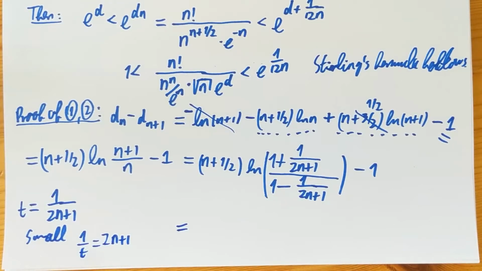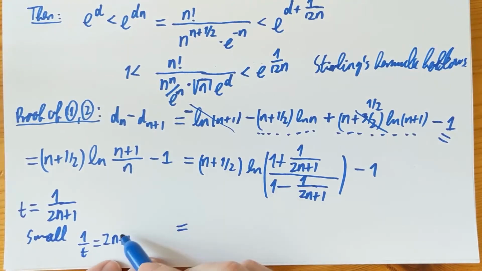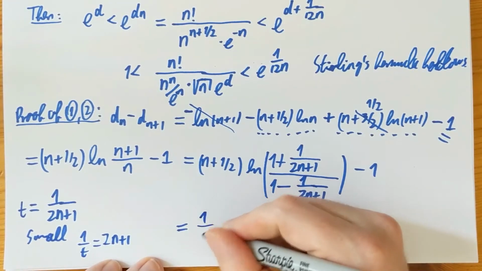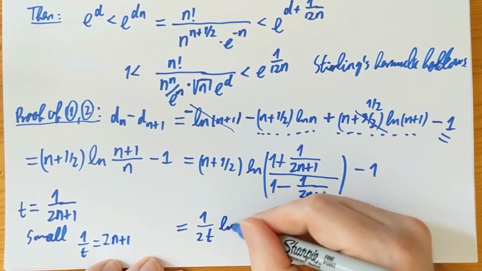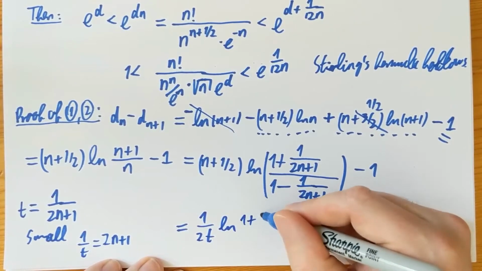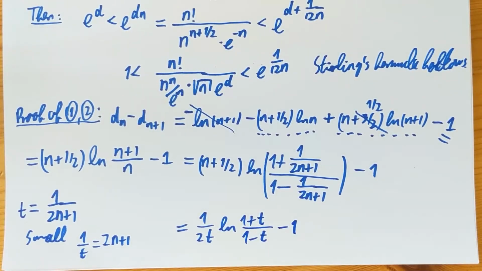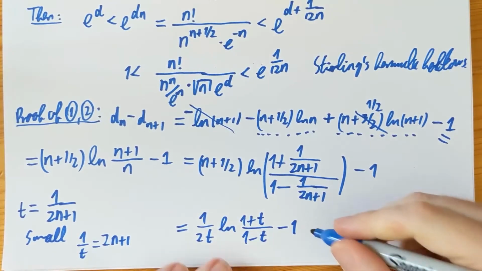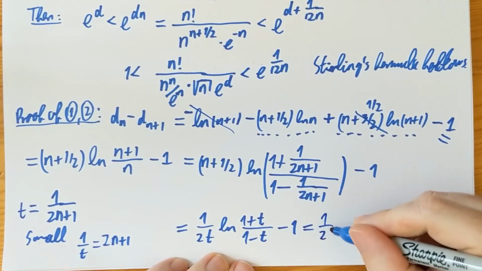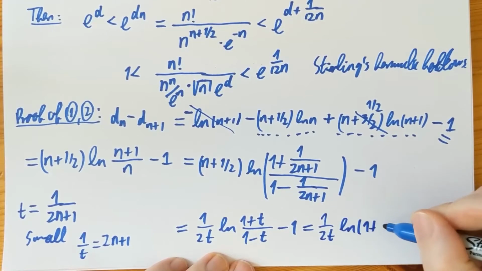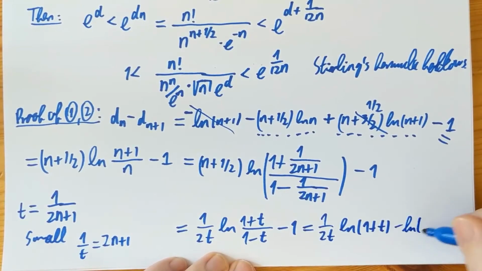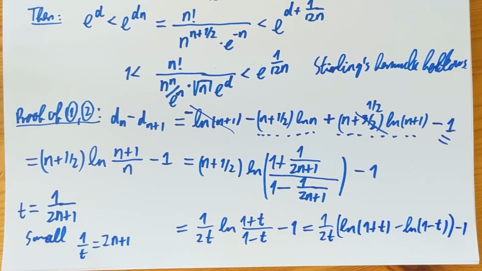And 2n plus 1 is exactly twice of what I see here. So this thing is half of 1 over t. And then the log will be nice because it's 1 plus t over 1 minus t inside. And I have this formula here, which I could further write as 1 over 2t times log of 1 plus t minus log of 1 minus t, minus 1. Okay, just a bit of algebra.